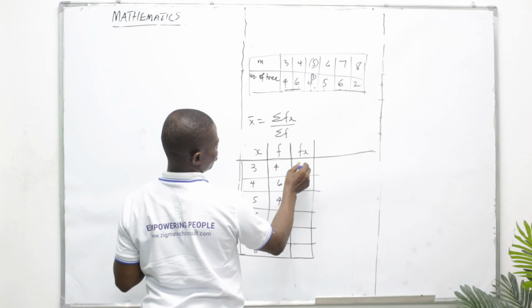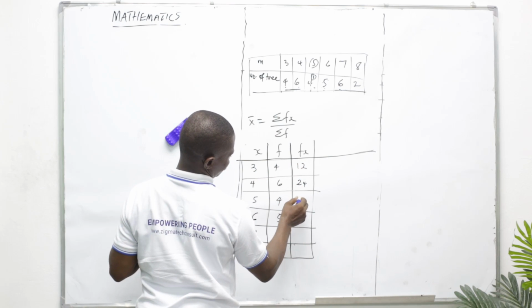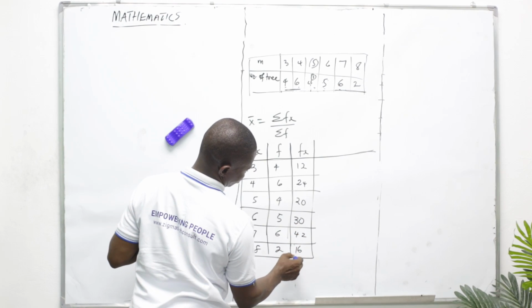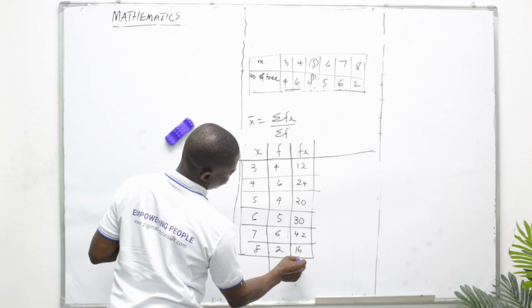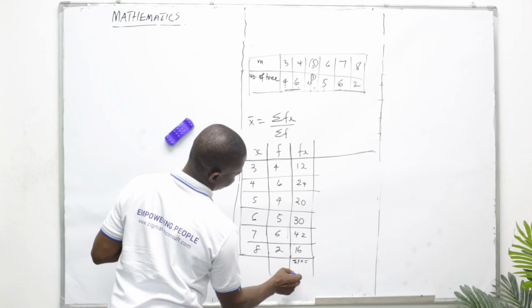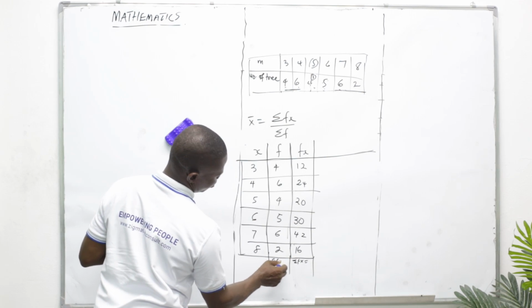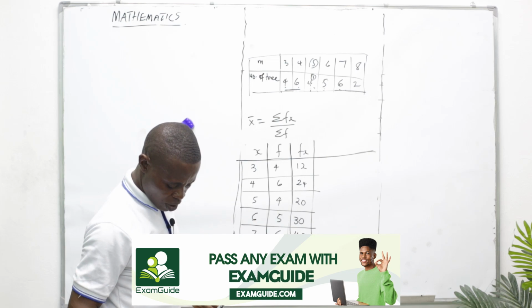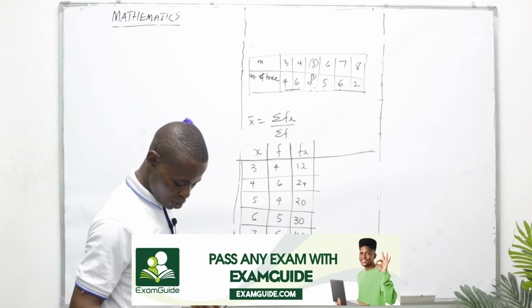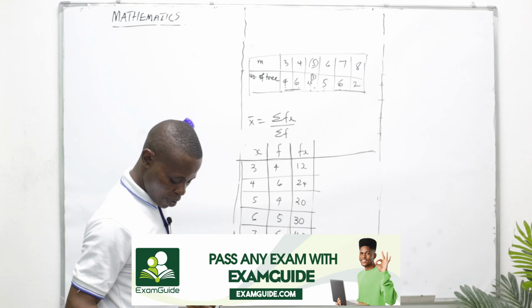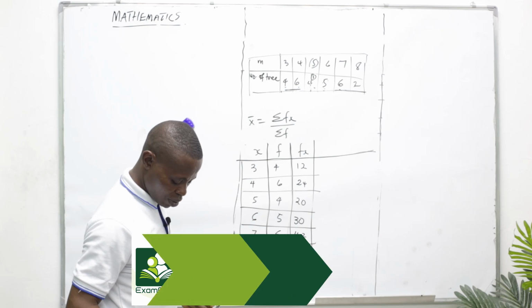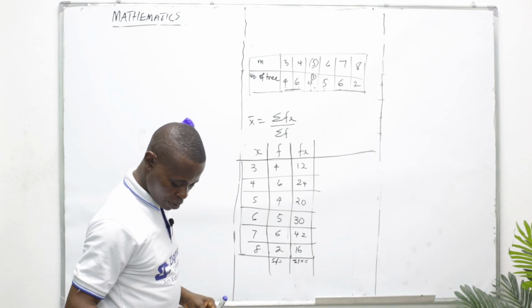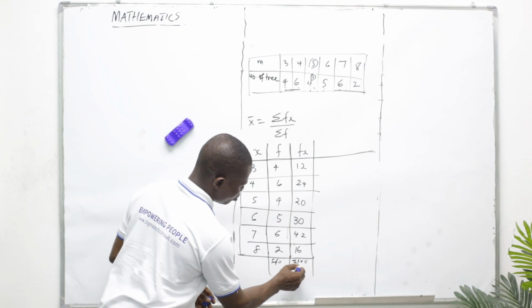3 times 4, 12. This is 24. This is 20. This is 30. This is 42. This is 16. So summation fx equals 12 plus 24 plus 20 plus 30 plus 42 plus 16, which equals 144.